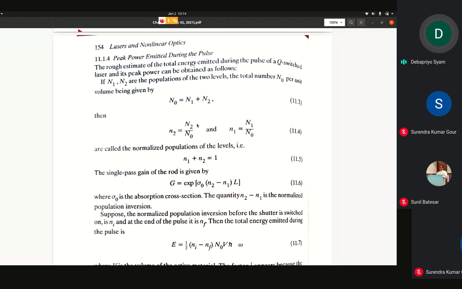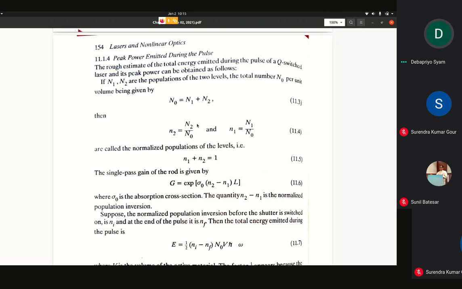Now here, when they write this expression, they are ignoring losses, because remember that what they are writing is the gain within the rod. The mirrors are not in the picture. Because the mirrors are not in the picture, the loss due to imperfect reflection is not taken into account in writing this formula. So the gain is, as we know, exponential of alpha into L. Now what is alpha?